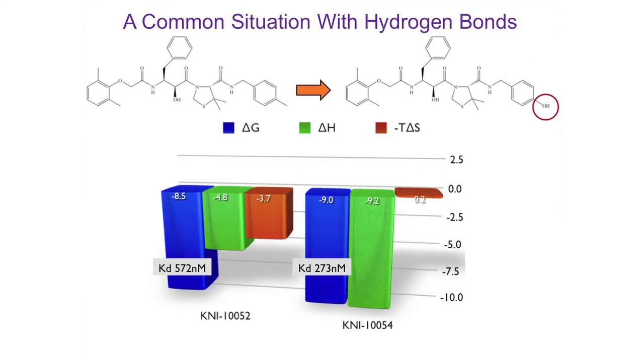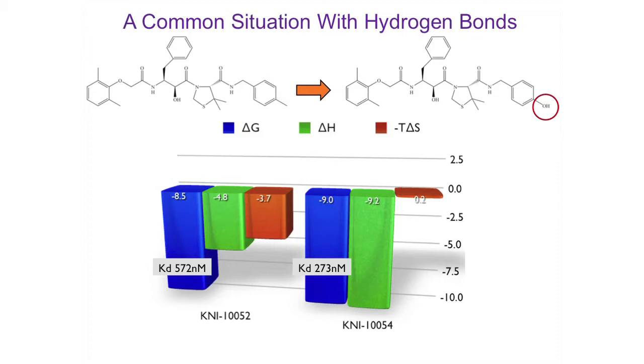Common situation with hydrogen bond. Again, 2 compounds that are exactly the same, except that a methyl group is replaced by a hydroxyl group. In this case, the affinity improved by about a factor of 2, but we see the enthalpy goes from minus 4.8 to minus 9.2. So more than 4 kcal per mole of improvement in the enthalpy.